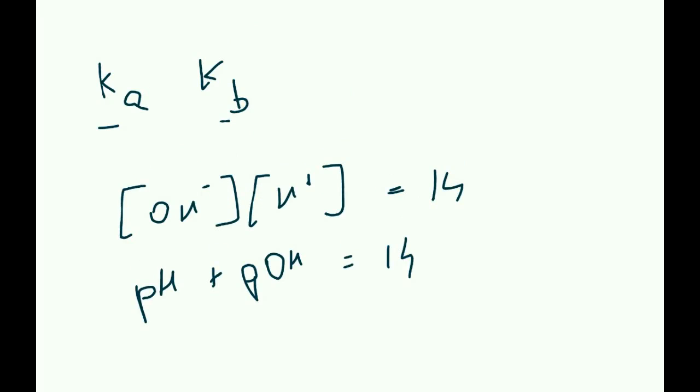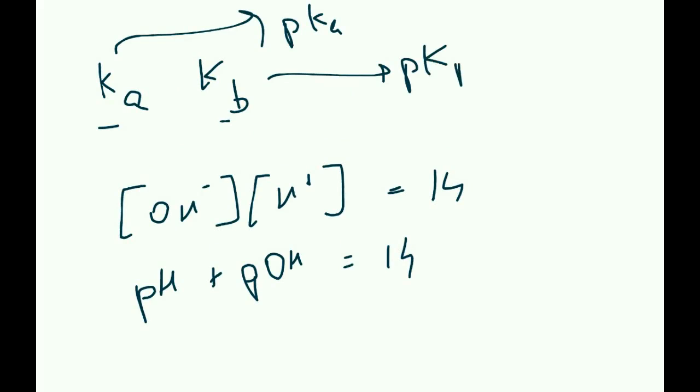Now you can also find pKa, and you can get pKb as well. It's a thing. I don't know why it's a thing, but it's a thing. pKa is going to be negative log of Ka, and pKb is going to be negative log of Kb.